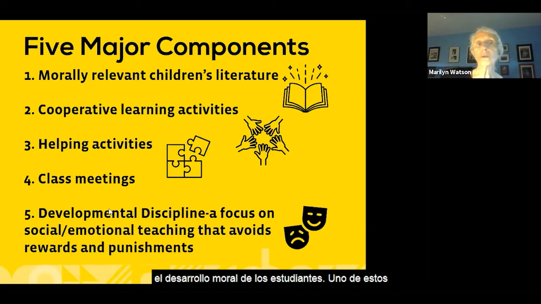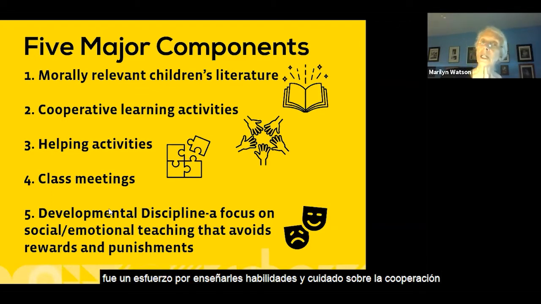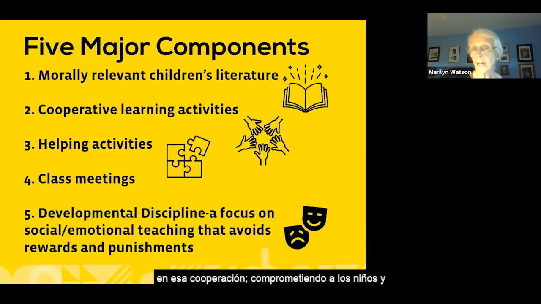One of those was through the use of children's literature. A second one was how one organized the classroom by having students work cooperatively in an effort to teach them skills and caring through that cooperation. Engaging children and giving them opportunities to be helpful in the classroom or helpful in the school.